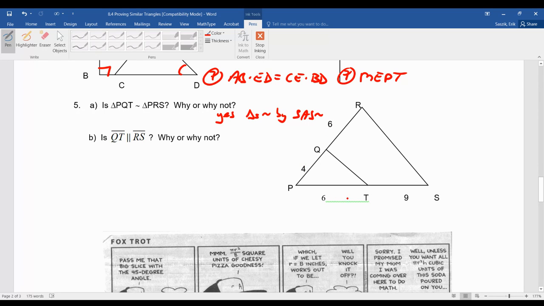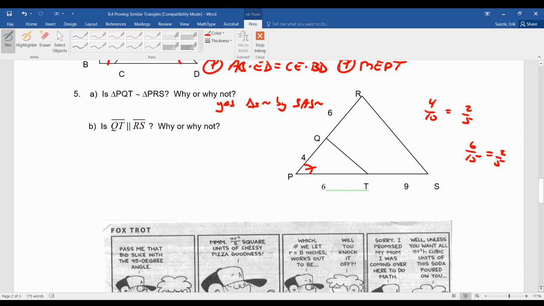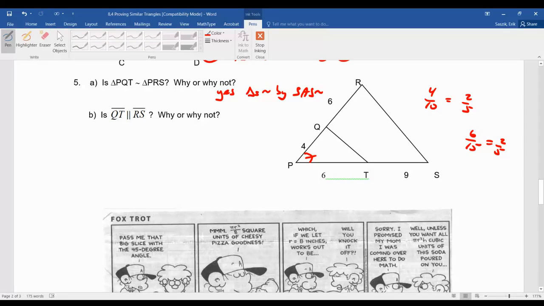Okay, this is 6 to 15. Well, 4 to 10 is 2 to 5. 6 to 15 is 2 to 5. So those sides are in the same proportion as are these, and then you have this reflexive angle in between. So that's the SAS similarity.